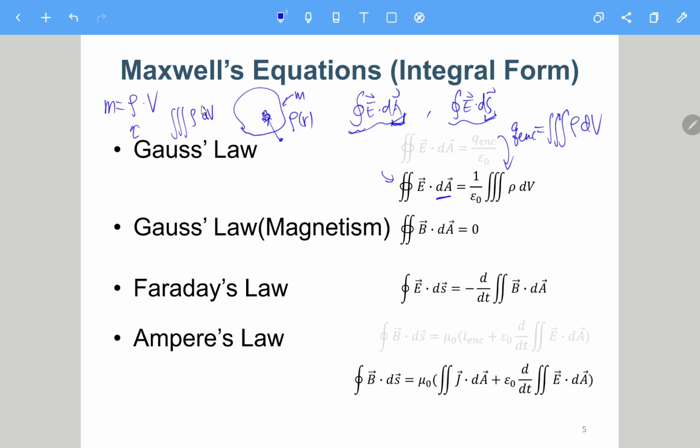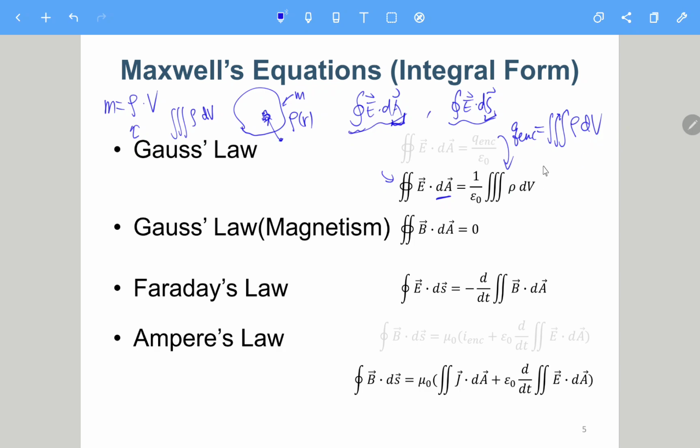But this volume is 3-dimensional, so we put three integration signs there. Similarly, the total Q is analogous to the mass, with the volume charge density like this density, and then dV. So we have Q enclosed equals the triple integral of rho times dV.